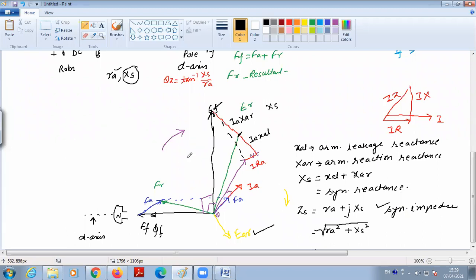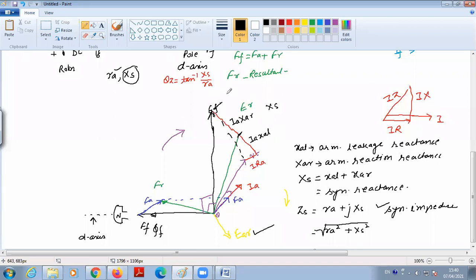So in the previous discussion, we considered that the value of reactance is very high as compared to the resistance. Under such a condition, whenever a short circuit occurs, it will produce current which is lagging by nearly 90 degrees, since the reactance of the winding is dominant. So this is called the synchronous reactance.